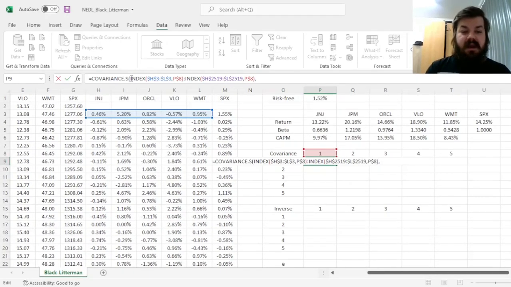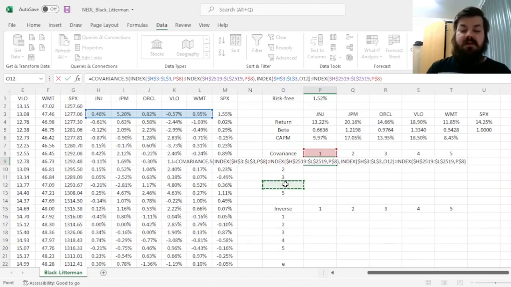The second array that would go towards our covariance calculation would be different only in terms of its index variable. It would be not P8 but the O9 column locked here, as that's the first column which has indices in it.